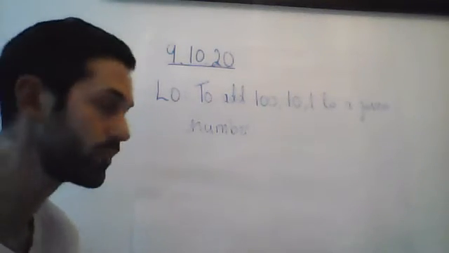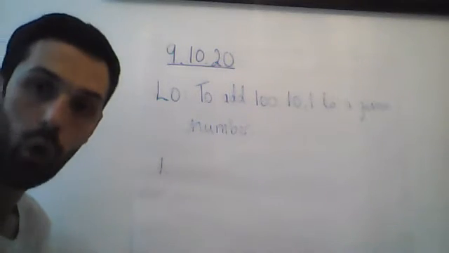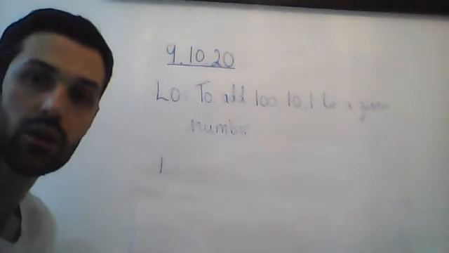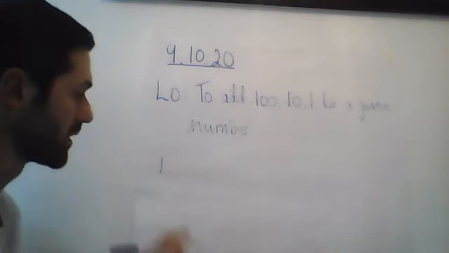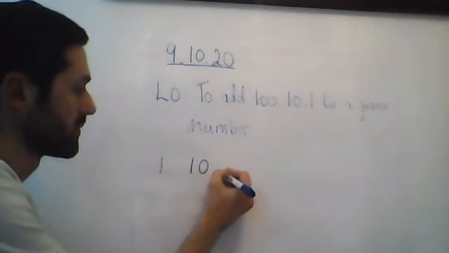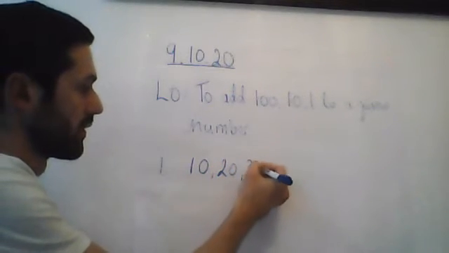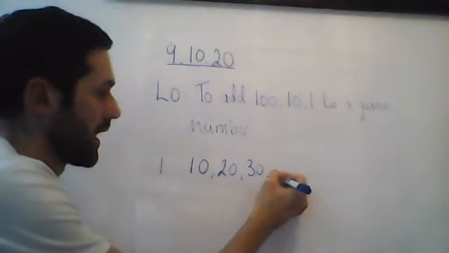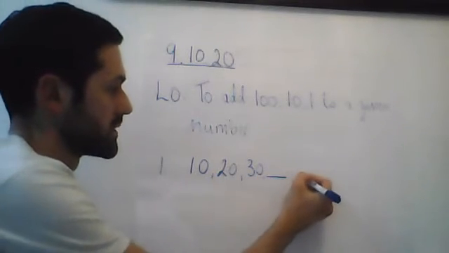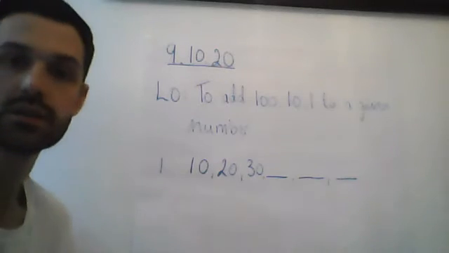So for example, number 1, remember 1 in one box using your math squares on your papers. 1, I'm going to write the numbers 10, 20, 30. I'd like you to give me, swallows, the next 3 numbers in that sequence.